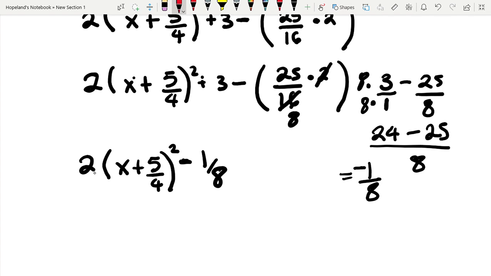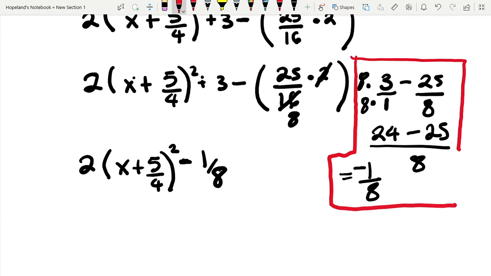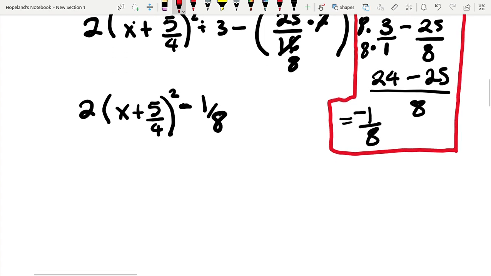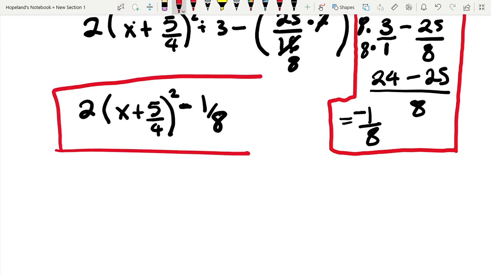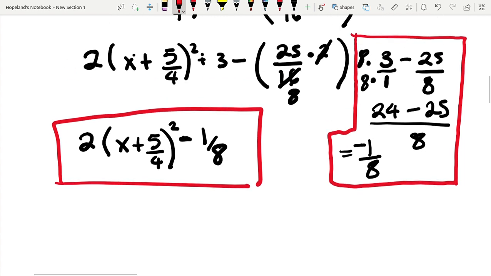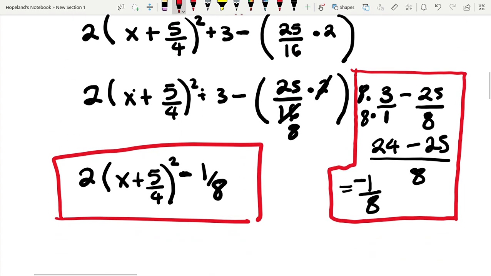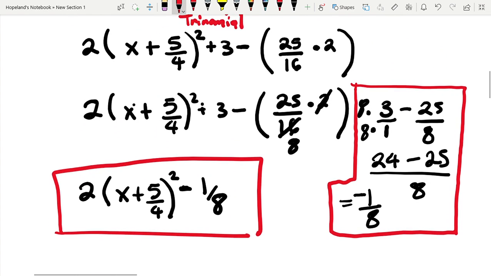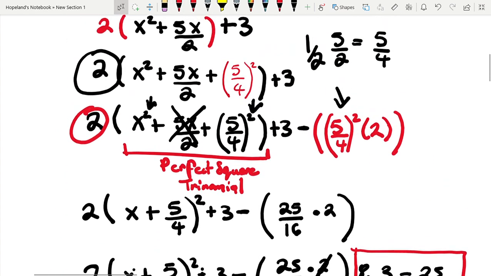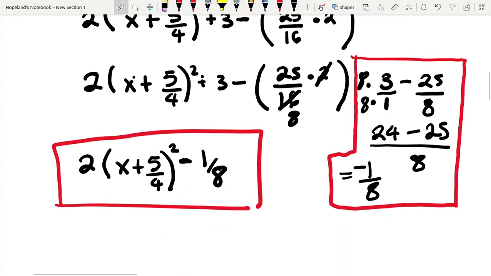All of this here is just side work, and this here is the final product. And there we go. We've completed the square where the coefficient of x squared of the quadratic expression is not 1.